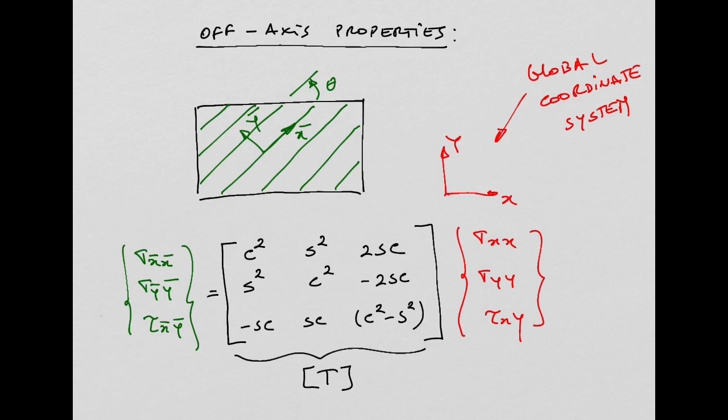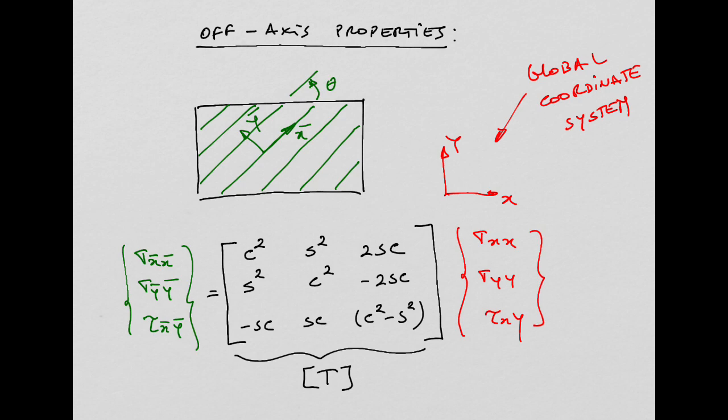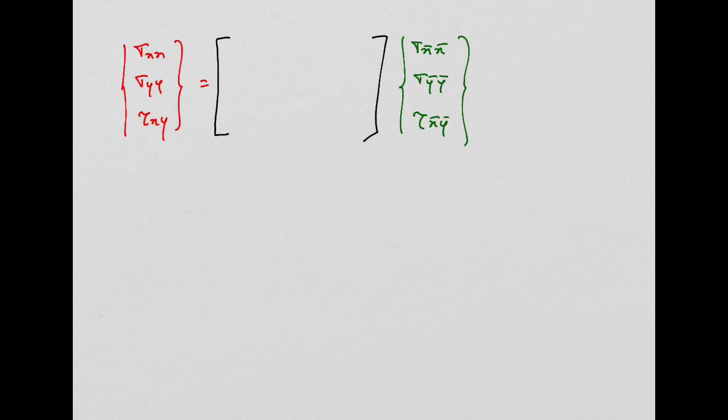Of course, if we want to do the other way around, if I want to get the stresses in the global coordinate system from the stresses in the local coordinate system, our sigma x bar, sigma y bar, tau x y bar, what I need to do on this transformation matrix T is invert this matrix.